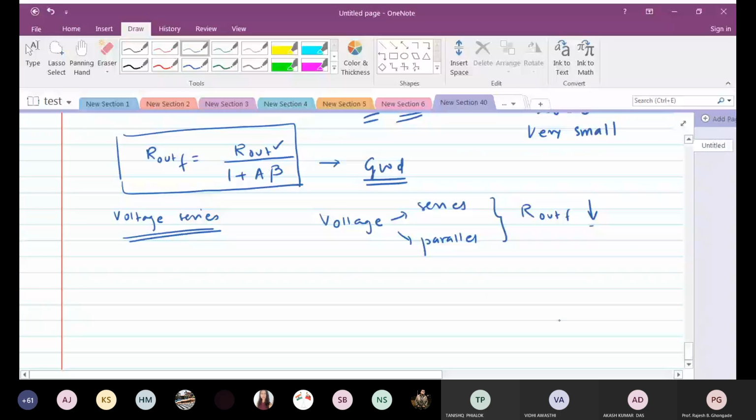In case of current feedback, whether it is series or parallel, R out increases because the beta network is in series with the output.